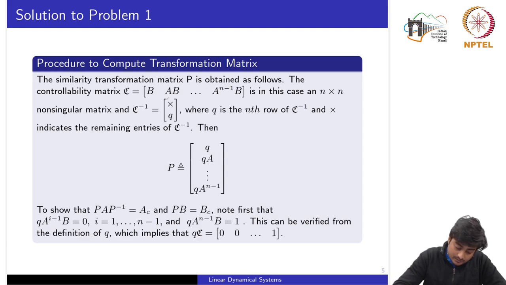The upper elements we are not concerned with. Once we have extracted the last row of this inverse matrix, call it q, we form a P matrix, defined by q, qA, up to q A to the power n minus 1. This P would result in this A_C and B_C, which would be in the standard form we had seen in the last slide.